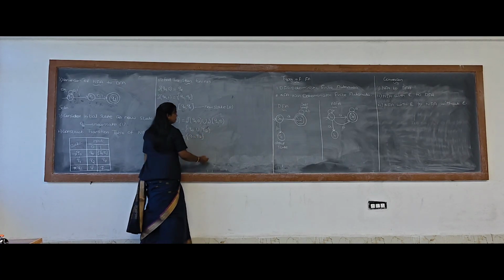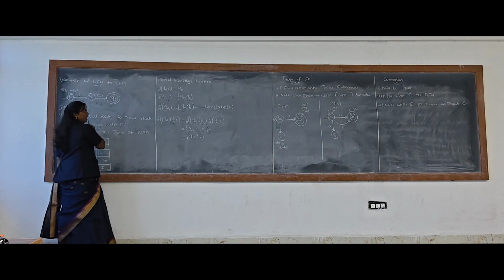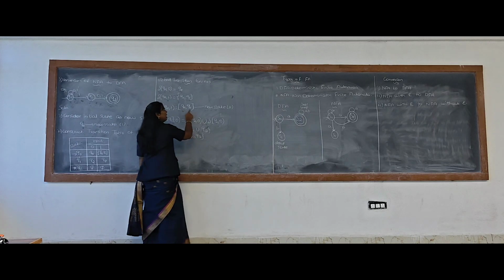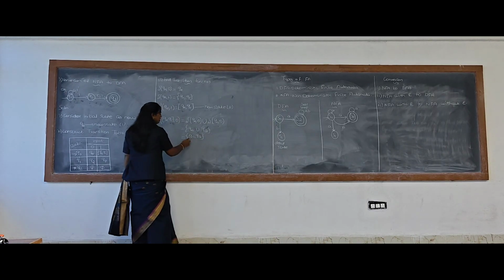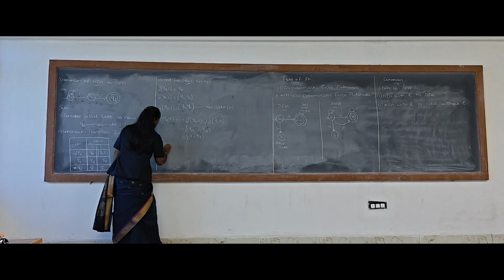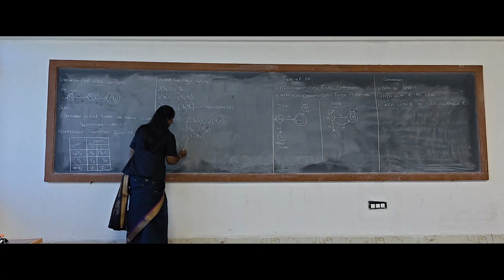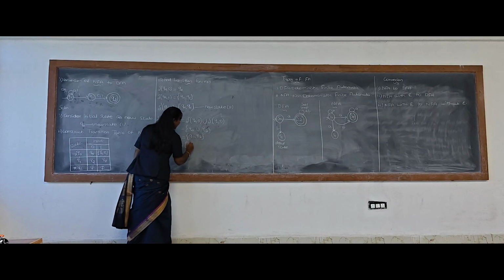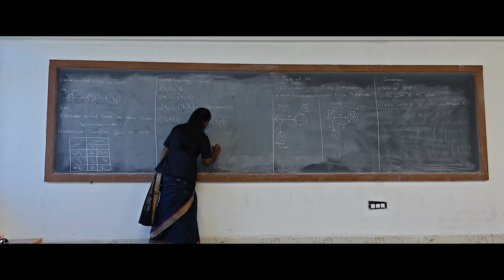So here we have q naught comma q2. In the previous states, new state 1 is q naught and new state 2 is q naught and q1, but here we got the state q naught comma q2, so we consider this as again a new state. To differentiate this, we mark the transition function of q naught comma q1 comma 0 equal to, in the box bracket, q naught comma q2, and mark this as new state 3.